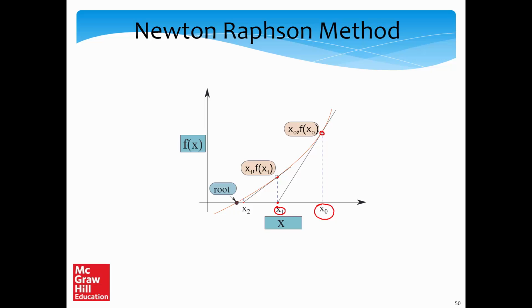So let it intersect the x-axis at point x2. Let us again locate the point on f(x) whose x coordinate is x2. Again we compute the tangent of the curve, and let this point be x3. So in this manner, we can keep going till we reach the final root, where we expect x to be equal to 1 by b.